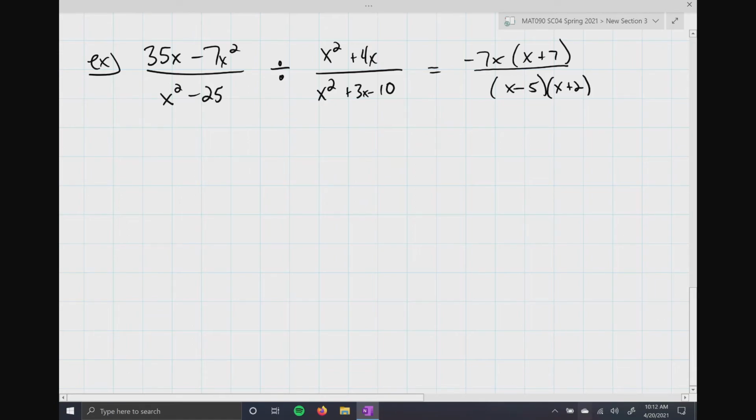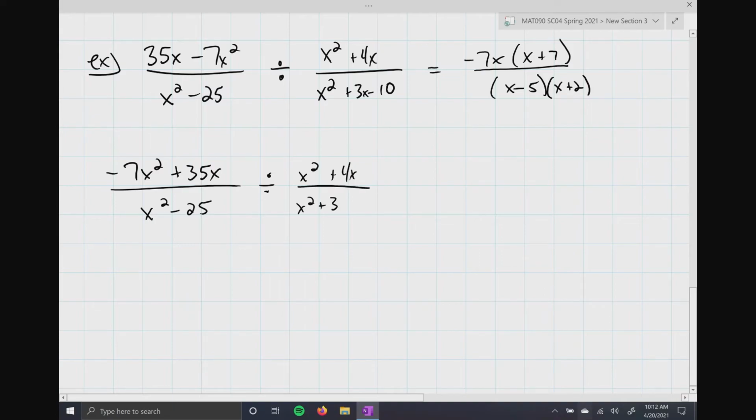So first thing, let's rewrite if needed. Just like Ramzi was saying, I'm going to rewrite this so it's in descending order. And that looks like it was the only one that had to be rewritten. Okay? So now I'm going to go ahead and apply my division technique.